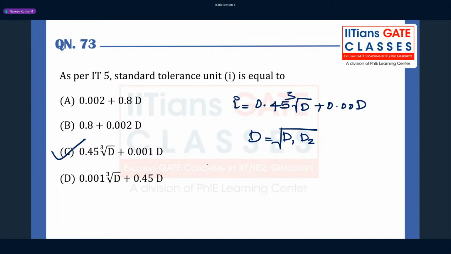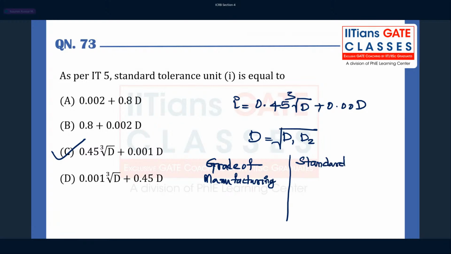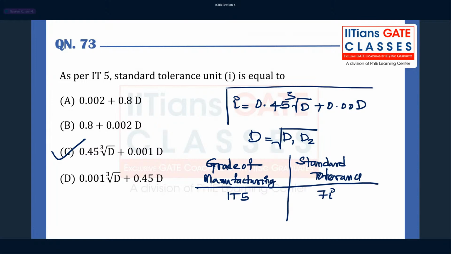Okay. So there are grades of manufacturing and some standard tolerance. Standard tolerance is your IT. Right? So the grade is, let's say, IT5, and your tolerance will be 7 into I, and I is calculated from here, and D is the nominal beginning and end sizes.